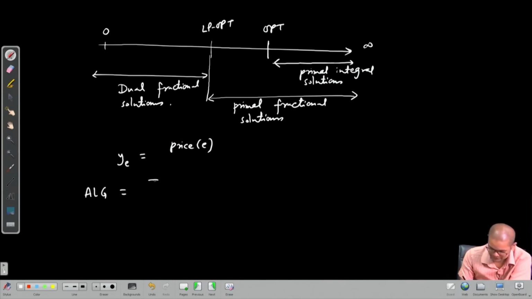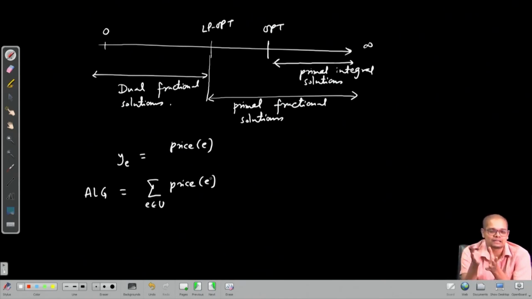ALG, we know this is the sum over e in U of price of e. This is because we described it in the analysis of the greedy algorithm for set cover. Whenever I pick a set, its cost has been distributed equally among the newly covered elements.